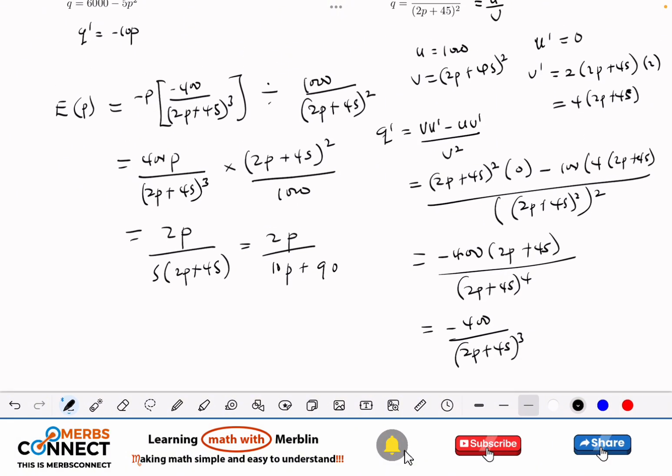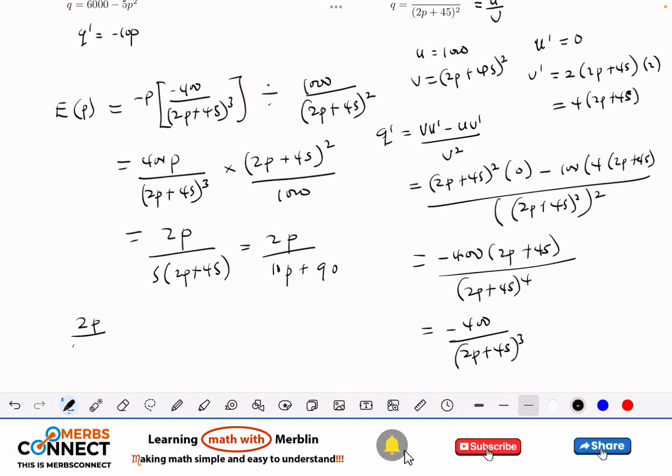Then you can do this. So what you just need to do here is 2P over 10P plus 90 is less than 1, then find for P. So I'll do it quick. 2P is less than 10P plus 90, right?